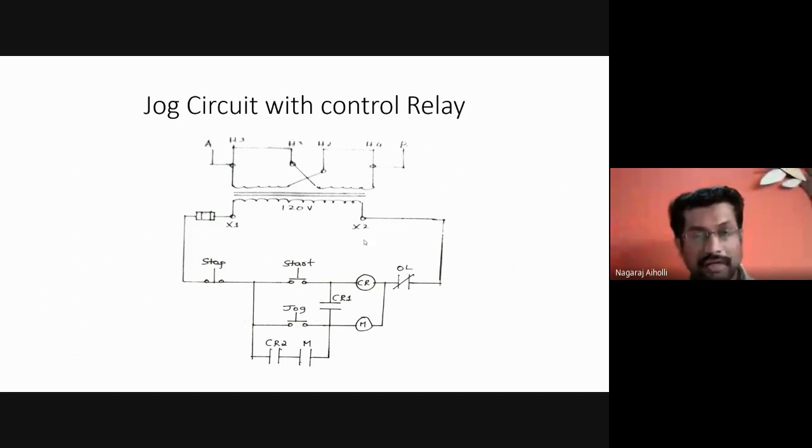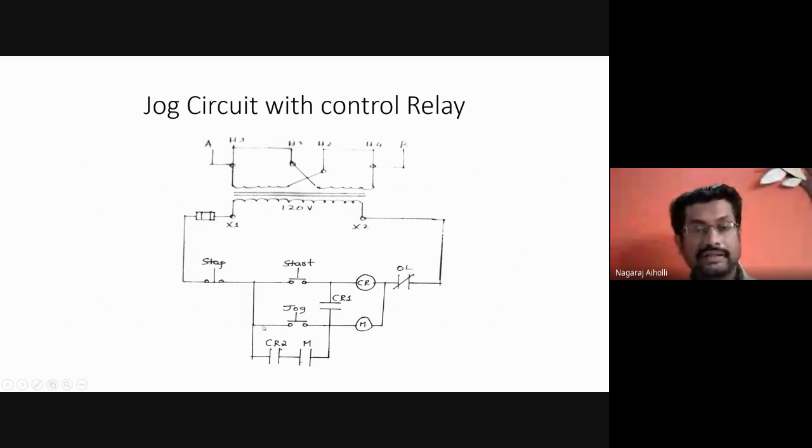Here, even if the start button is released and even if the stop button is pressed, because we are pressing this jog switch, the circuit is complete and it will provide the path for the motor, and the motor will still be in the running state. It will not go to the off state when the start button is released.